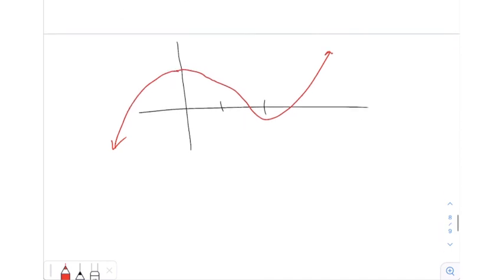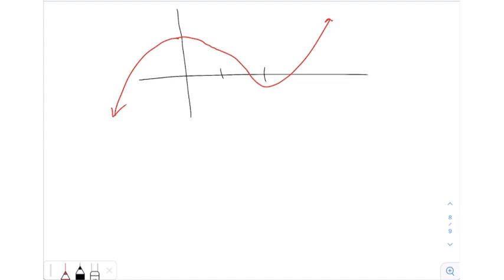And a basic question I could ask you is, on which intervals of x values is it increasing or decreasing? You want to say on this interval it's increasing, on this interval it's decreasing, somewhere else it's increasing.